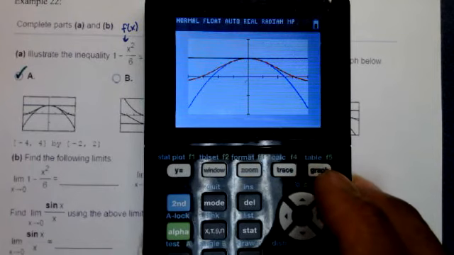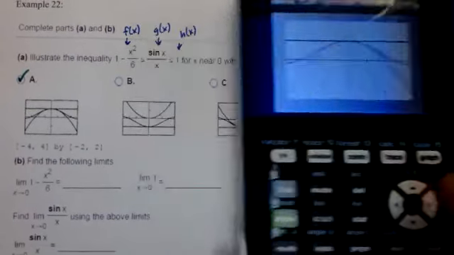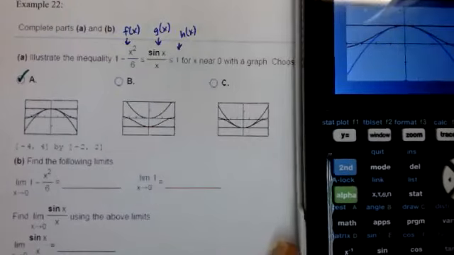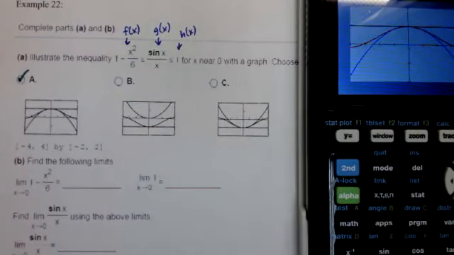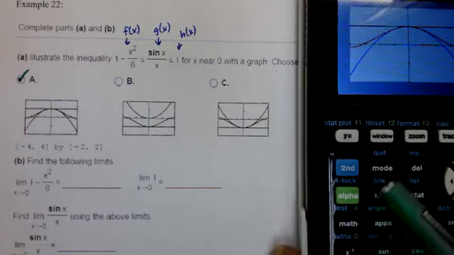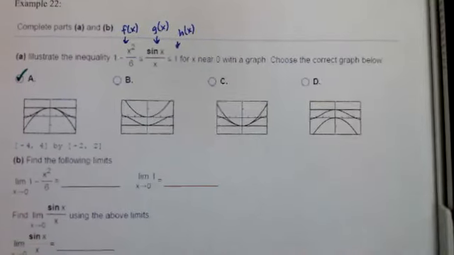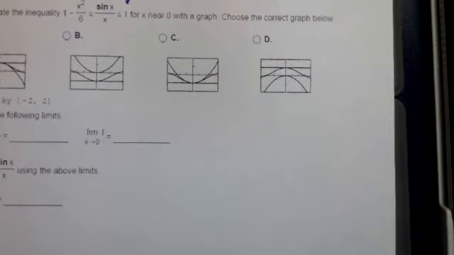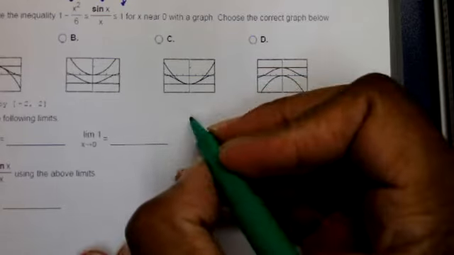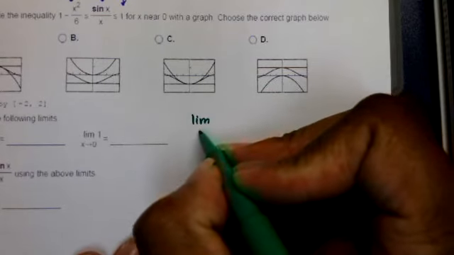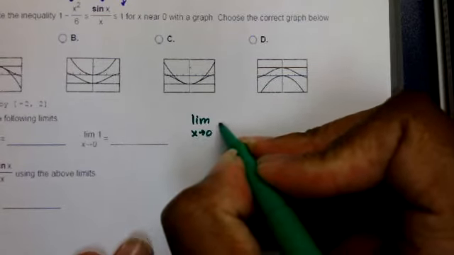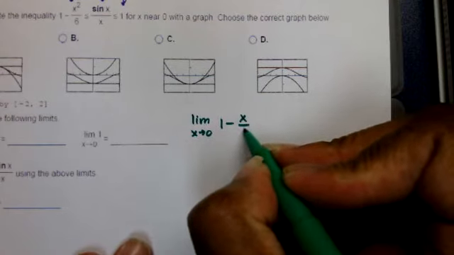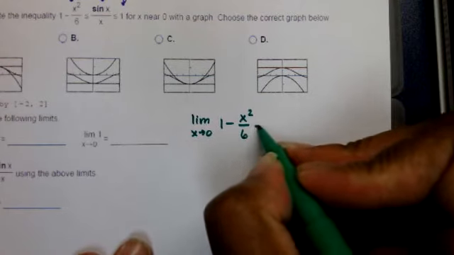Now we're going to find the following limits here. Let's find the limit as x approaches 0 of 1 minus x squared over 6. Well, if you look at that, you're not going to get a 0 in the denominator, so I would use direct substitution here.